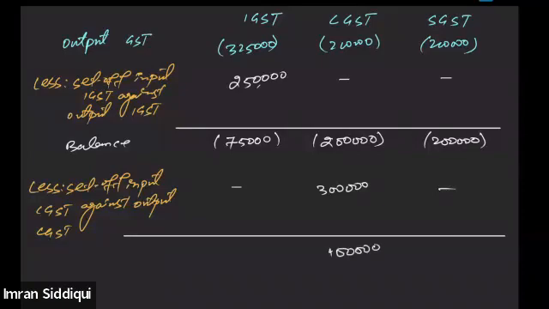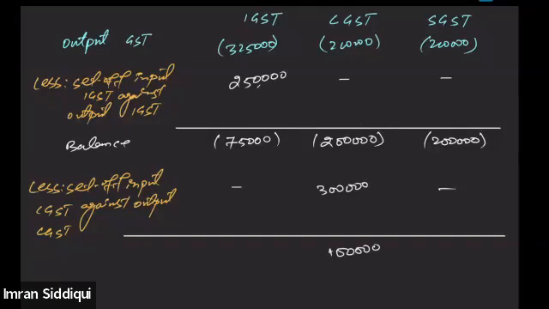Right? We have got the balancing figure under the input CGST of 1 lakh, which is yet to be set off, because we have only 2 lakh of output CGST available, and the input CGST that we paid is 3 lakh. So that means we will have to further adjust 1 lakh rupees.